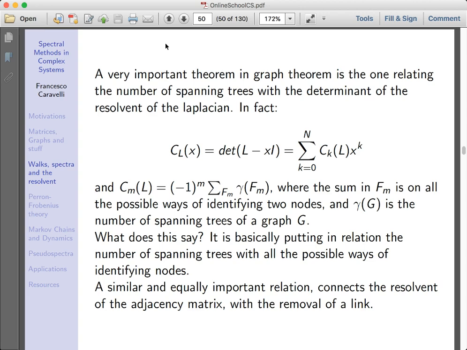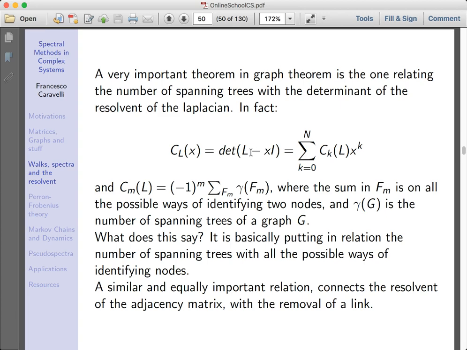Now, this is important in the sense that it is historically a very important result. It is basically what I said before about the Laplacian. Here, I just want to say that Kirchhoff proved exactly that the determinant of L minus xi can be written as the sum of the total number of walks, and this is exactly connected to the number of spanning trees of the graph.